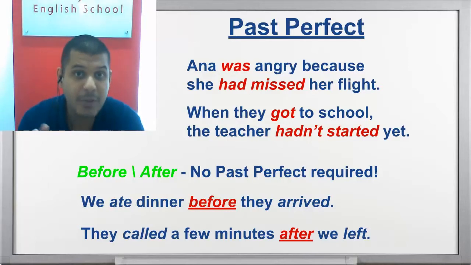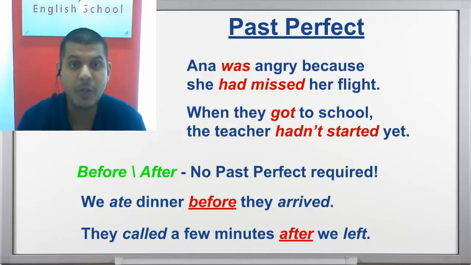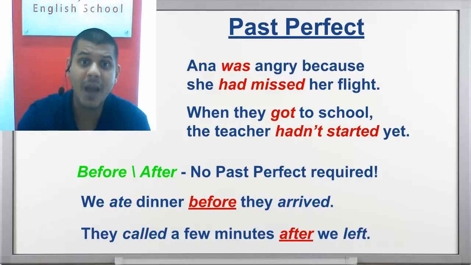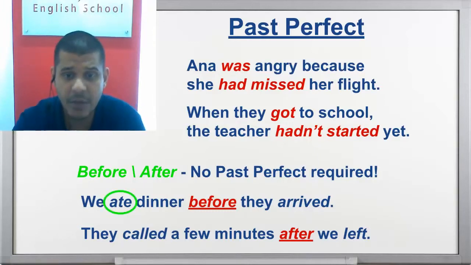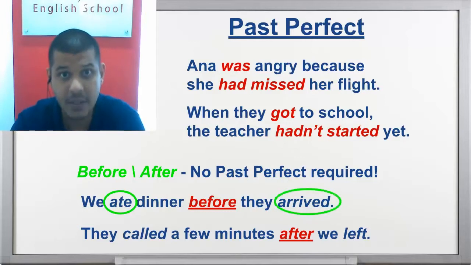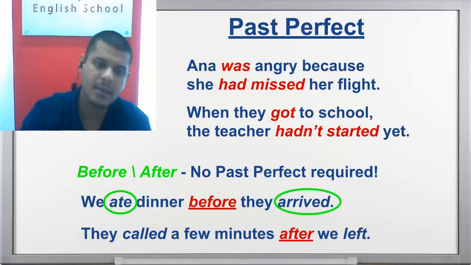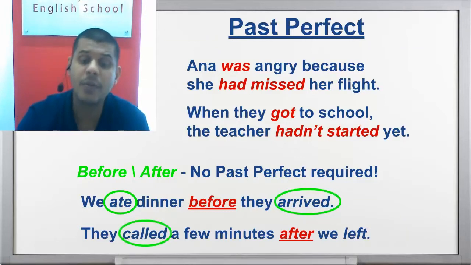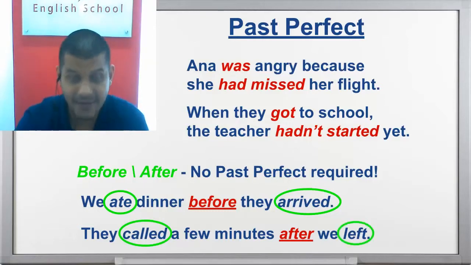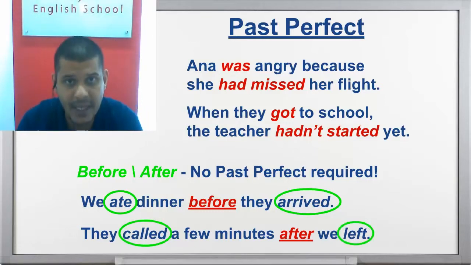Pay attention because when I use before and after, there is no need, as I said before, to use the past perfect. So, you can notice that all the verbs are in the simple past. We ate dinner before they arrived, and they called a few minutes after we left. All the verbs in the simple past again.